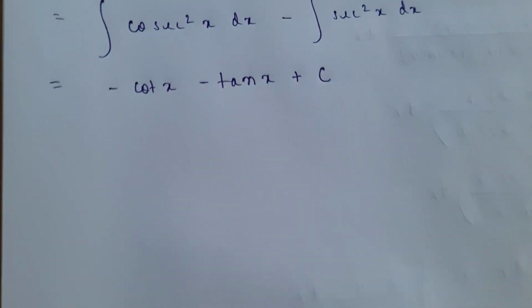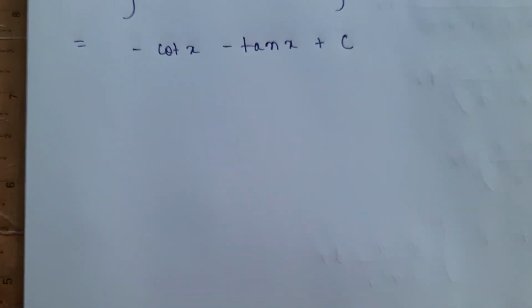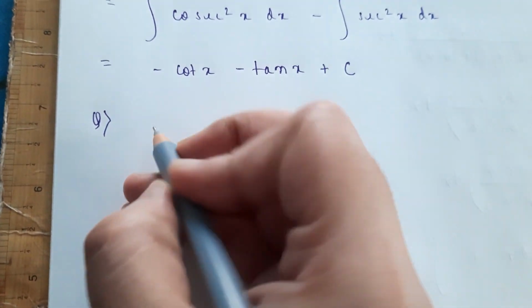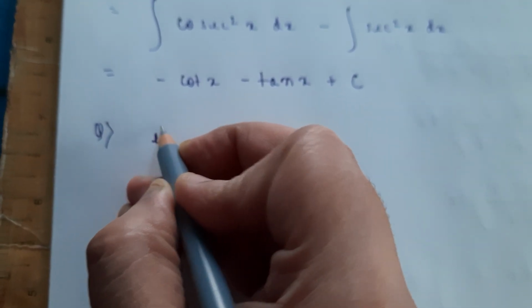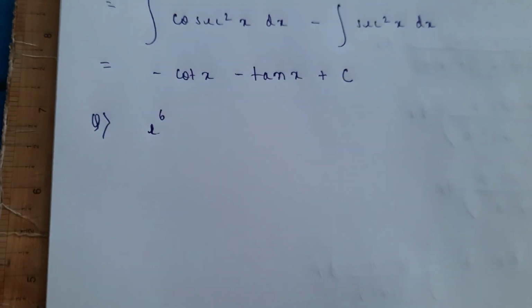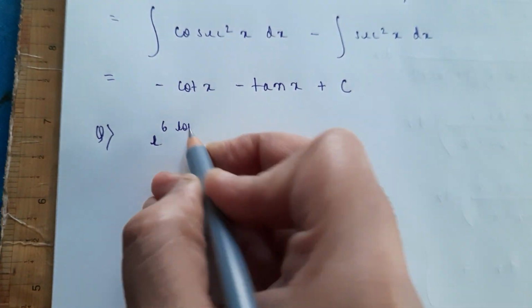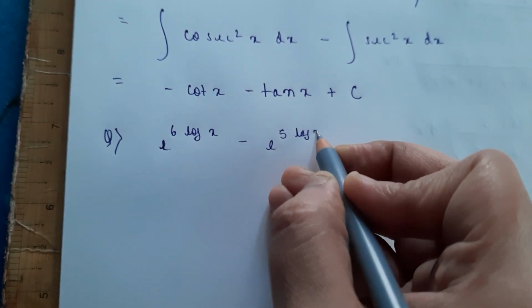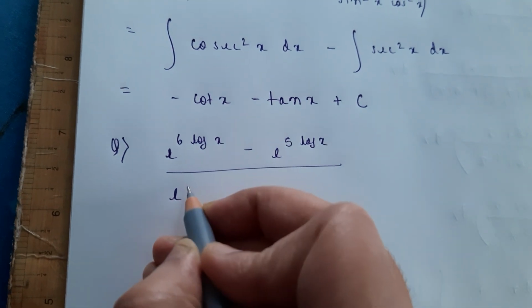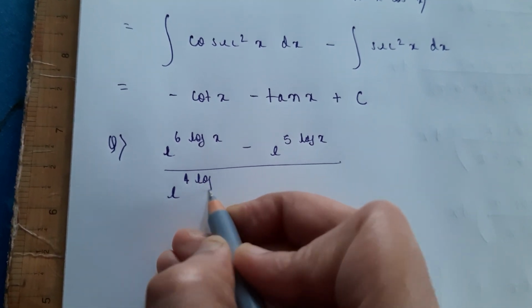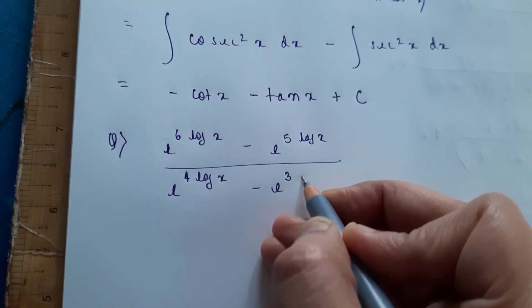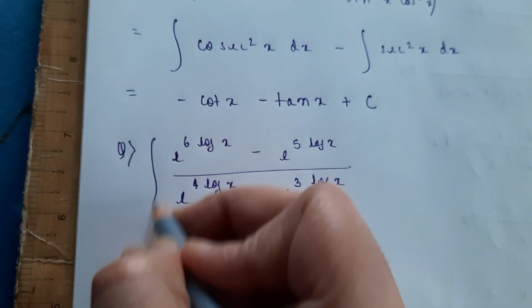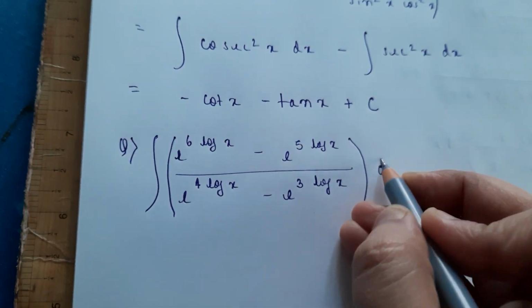So this was the first practice problem. Now we will do one more. Integration of e to the power 6 log x minus e to the power 5 log x divided by e to the power 4 log x minus e to the power 3 log x, with dx.